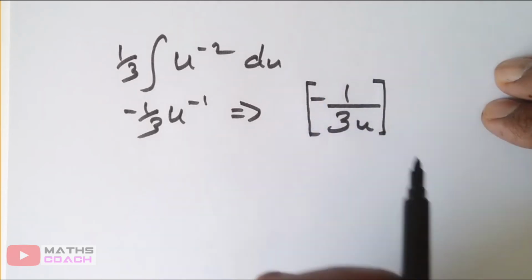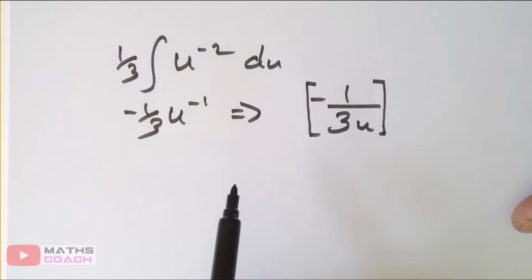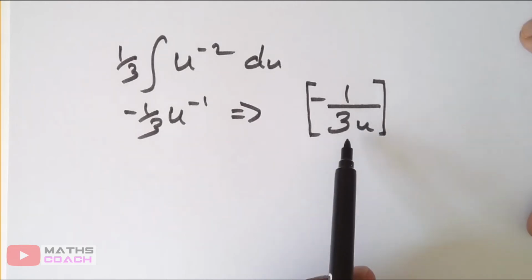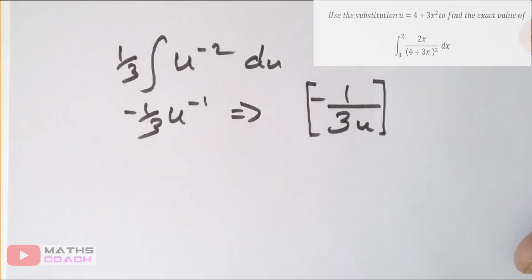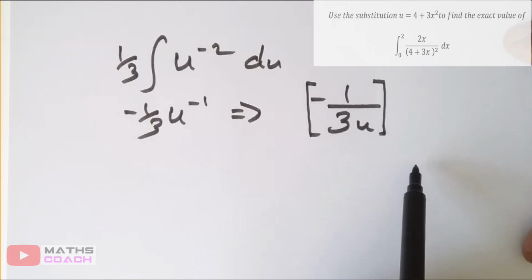Now we are talking about definite integration here, as opposed to indefinite. So rather than changing the u back to x, if you look at the question on the right hand side, the 2 and the 0 actually should not be placed here. And that's another common misconception made amongst some students.